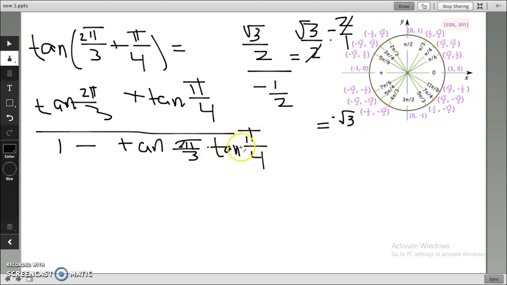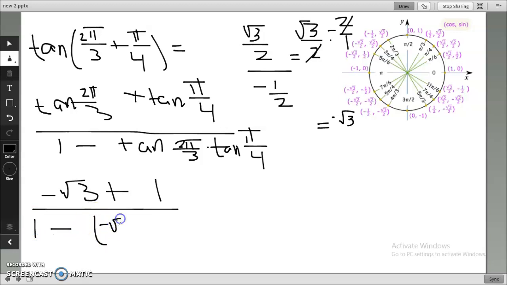I'm not going to do the calculation for pi over 4 tangent because it's just 1. So root 2 over 2 divided by root 2 over 2 is equal to 1. So now let's plug in our values. Since we've calculated that, we have negative root 3 plus 1 over 1 minus negative root 3 times 1.